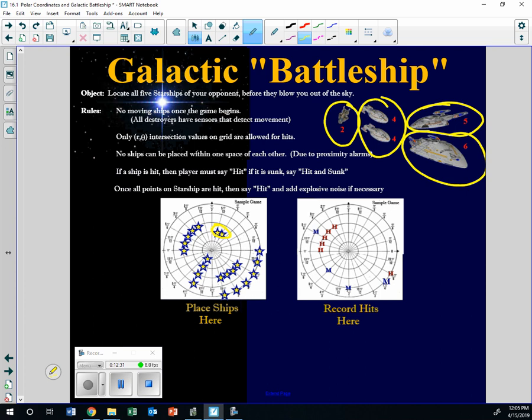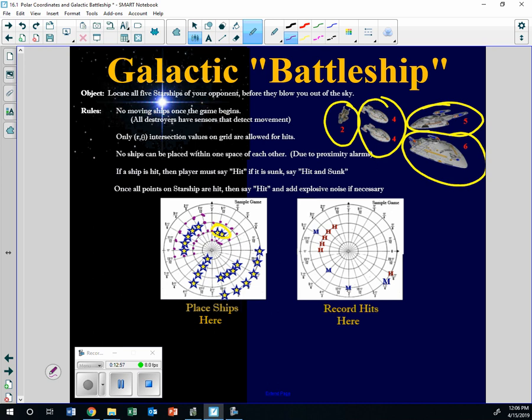Well, the restriction is you can't be next to. So if you look at this one, you can't put anything within 1 of this ship or within 1 of this ship. Okay? They can't be right up next to each other. But you can go in here if you want. You can go through the origin if you want.